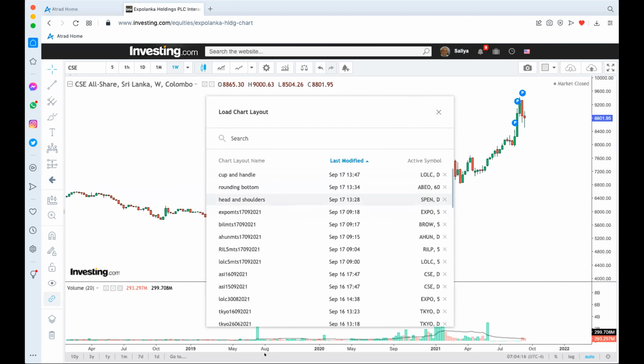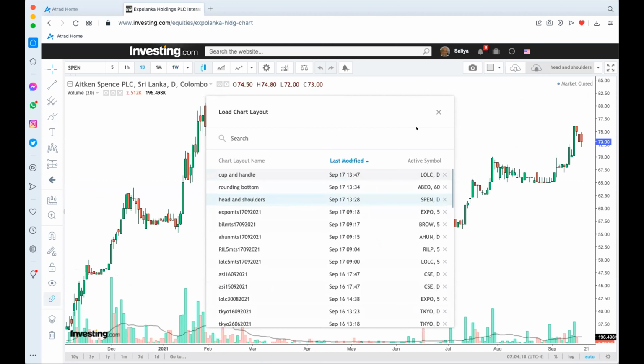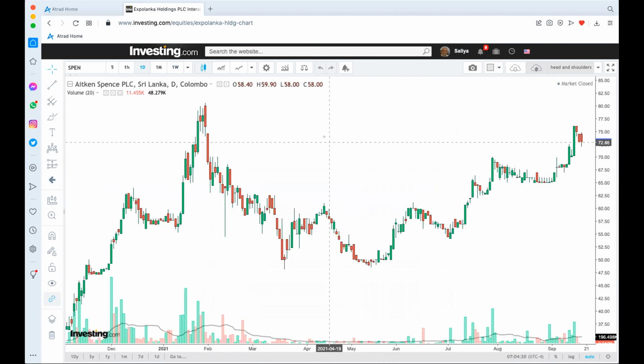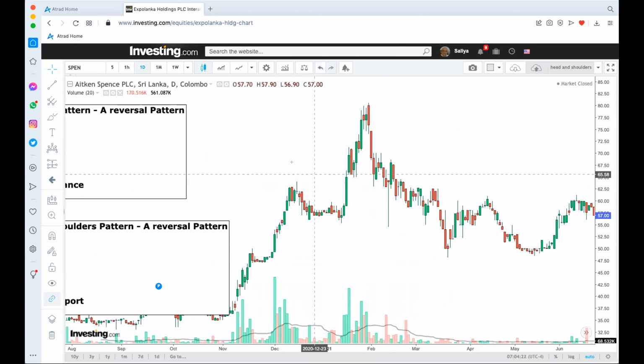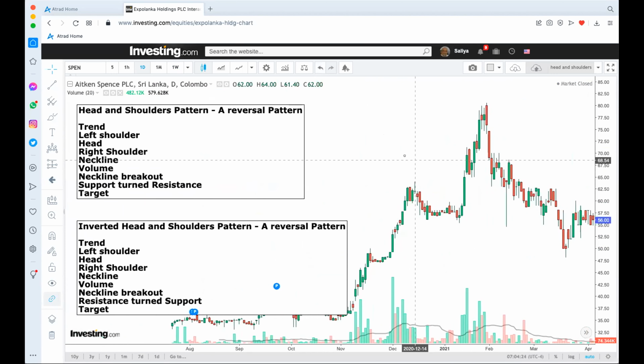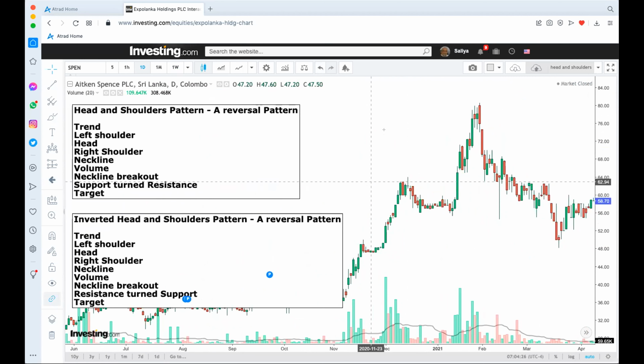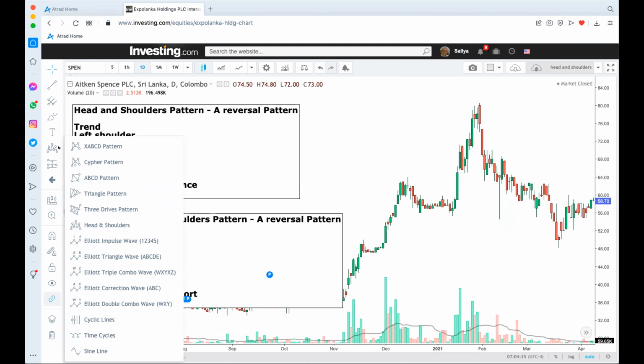patterns. Now, talking of head and shoulders, it's very easy when it comes to the chart tools that we have, because if you see in the tool panel over here on the left hand corner, when you click on this, you have the head and shoulder pattern tool given there.